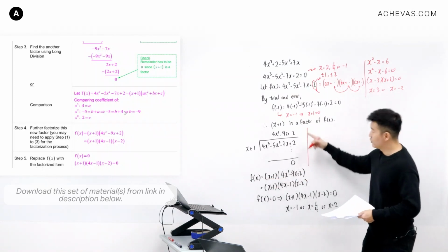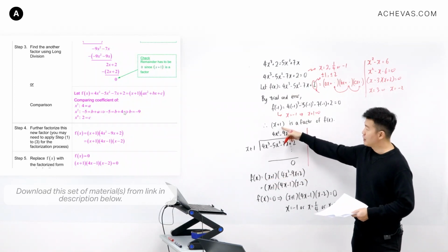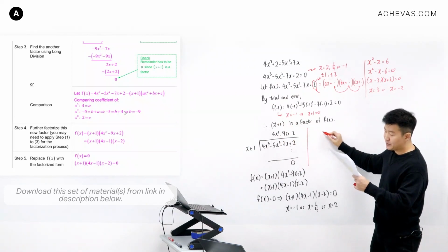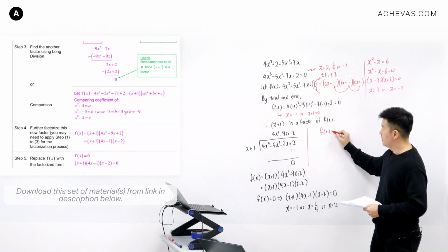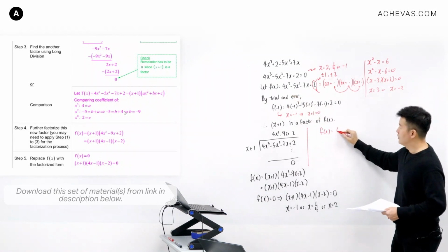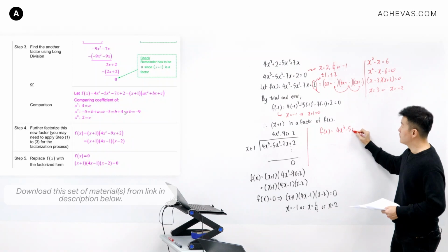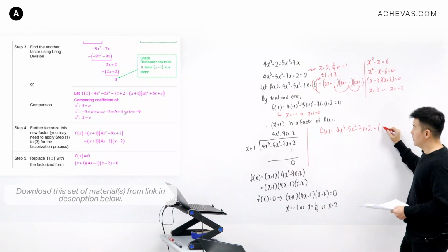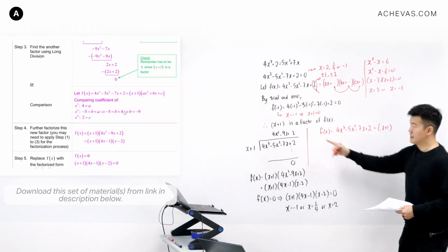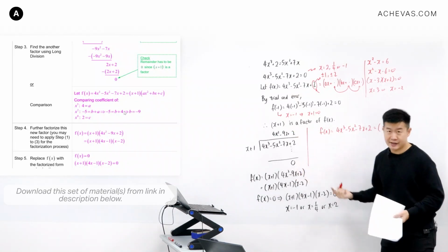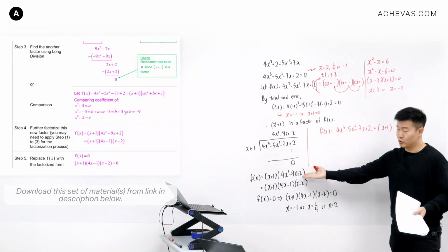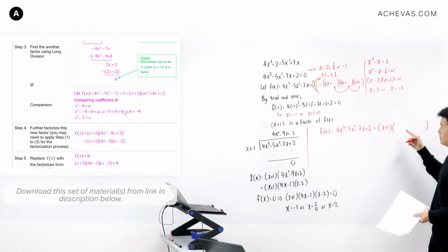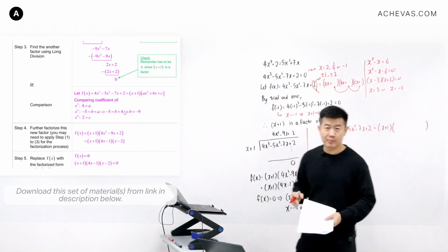Since I know f(x) is a polynomial that has a factor of x plus 1, I can re-express f(x), which is 4x to the power of 3 minus 5x squared minus 7x plus 2, as x plus 1, this is the factor, multiplied by its other factor, which at the moment I'm still unsure what it is.